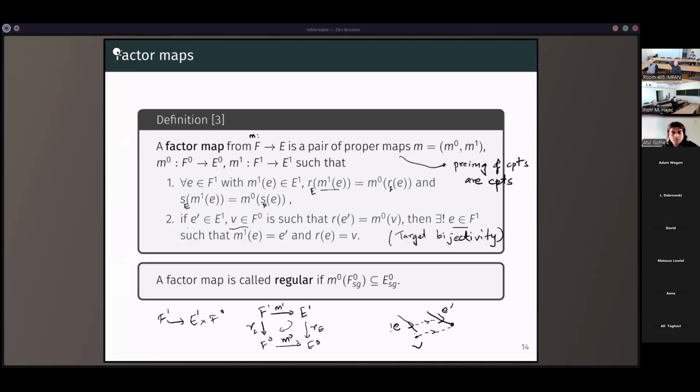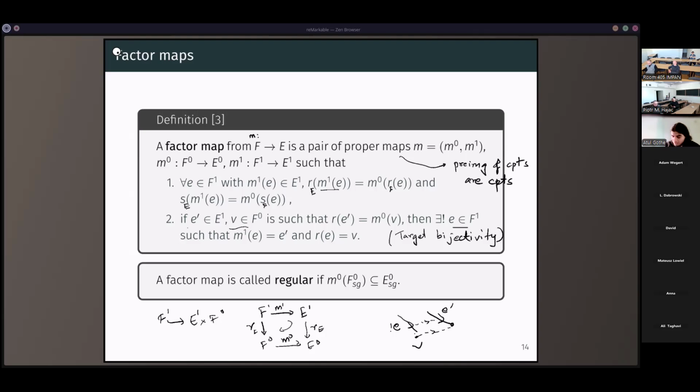The only other parameter to establish is really the source map on the new graph. And that's it. Every graph homomorphism has to be of that form. Somehow, target bijectivity forces your domain graph to be the pullback, period. You have no other choice. Yeah. Okay, good. Thank you.